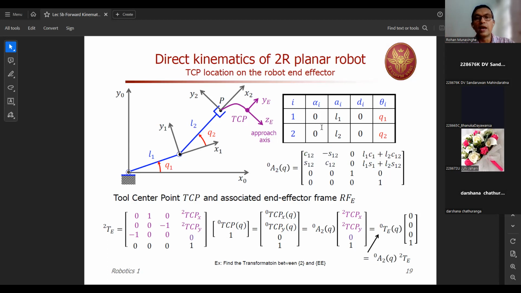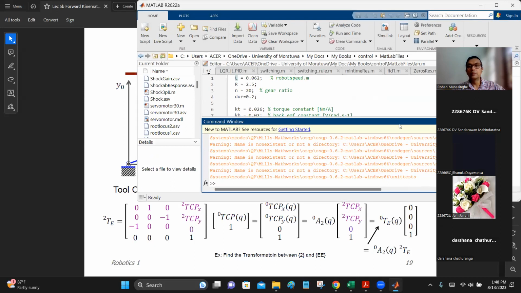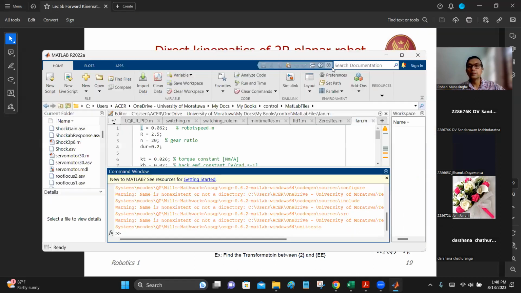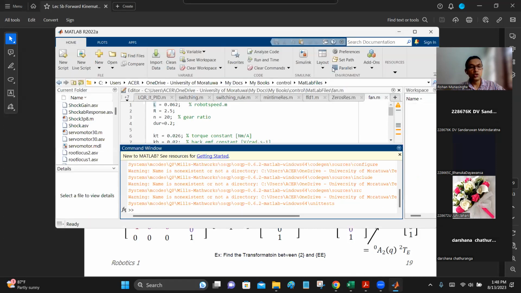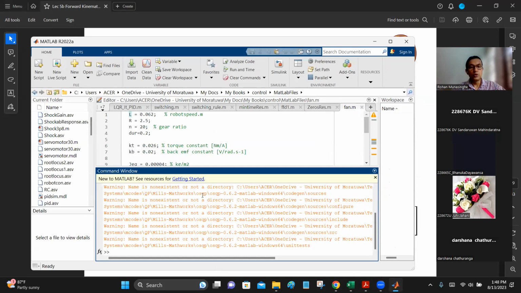For that, I can open my MATLAB and show you how it happens. I already opened MATLAB. You can see it over here.